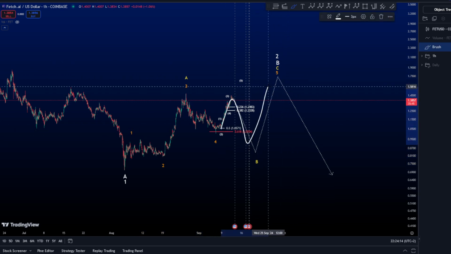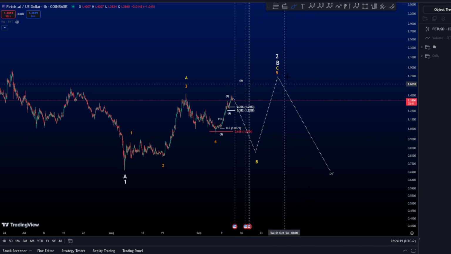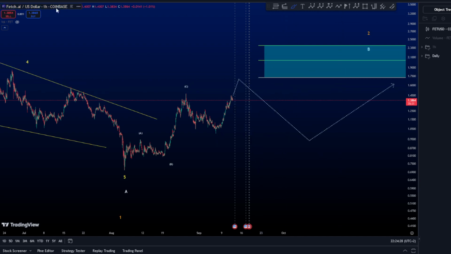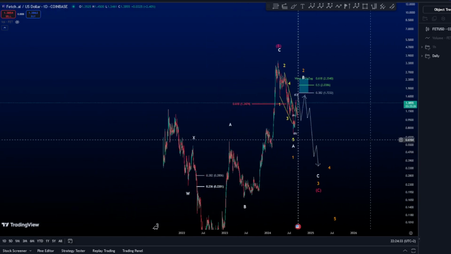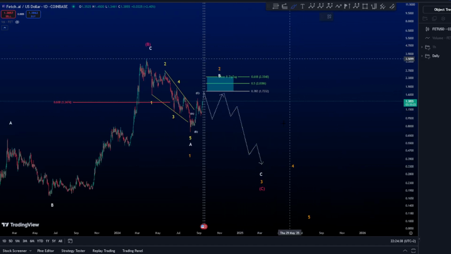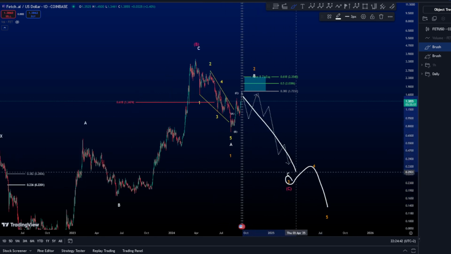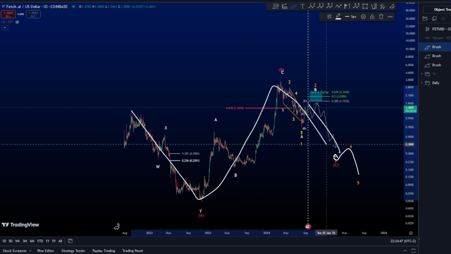Therefore, the range is still going to take a little longer in this area to finish this correction of a wave B or wave 2, which has much more possibility as wave 2, because as we saw on our daily chart, we want to move on. After finishing this correction, we want to move on towards the downside with a wave 3, 4, and 5, finishing this expanded flat as A, B, and C.